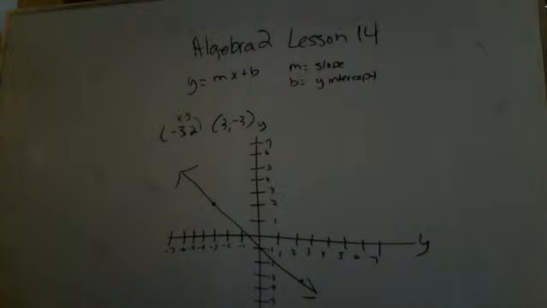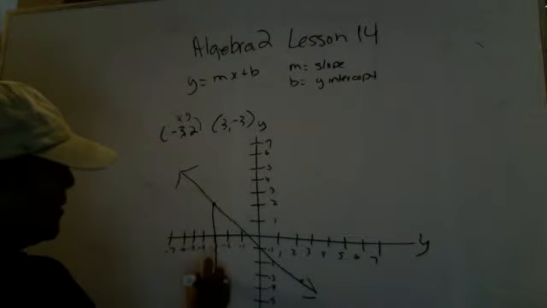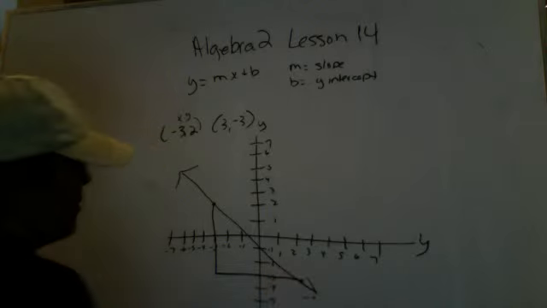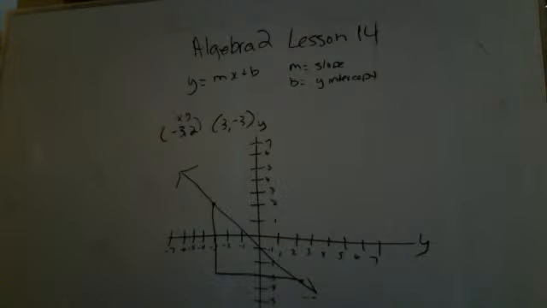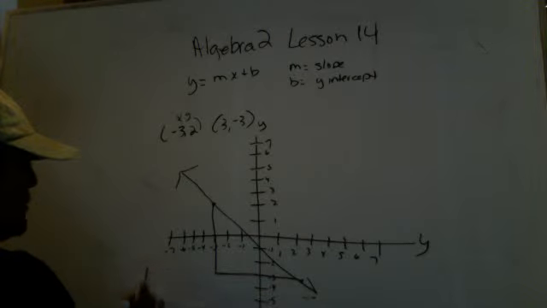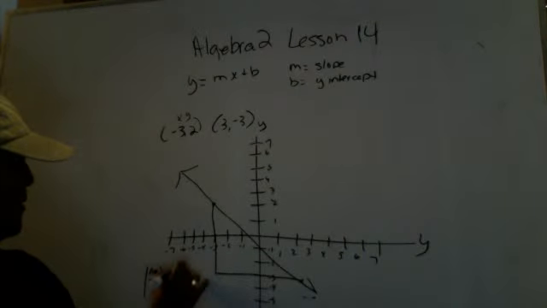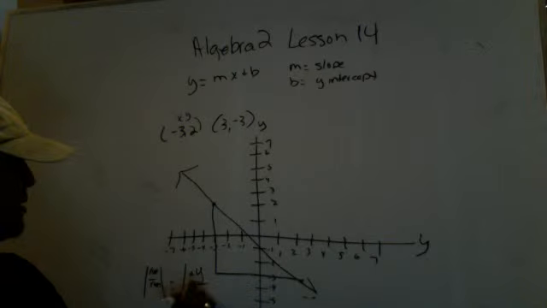Well, we said we could find the magnitude between 2 points, which will give us a slope. So basically, I can come down here and come across to form a right triangle between the 2 points. And I want to know, how far do I have to run? Remember, it's the absolute value of the rise over run, or the absolute value of the differences of the y's over the differences of the x's.